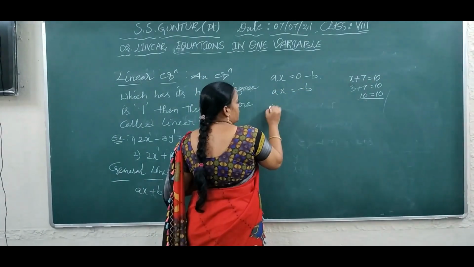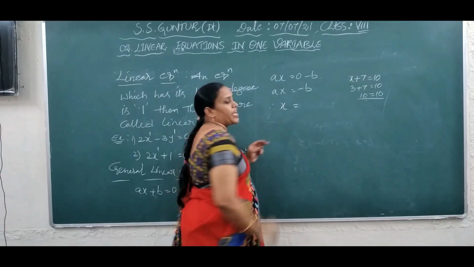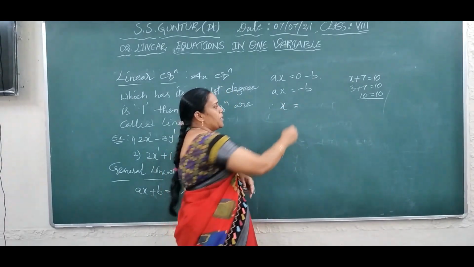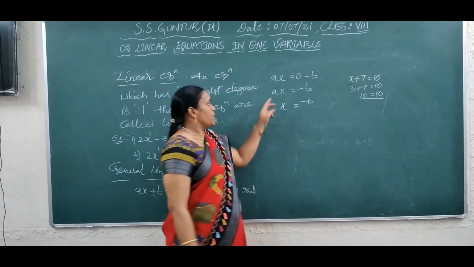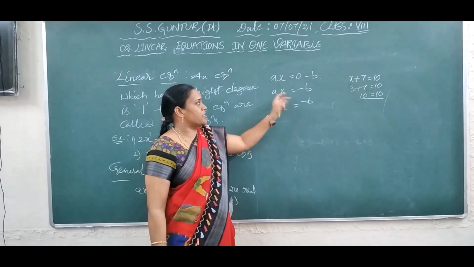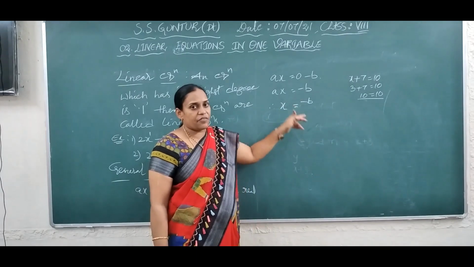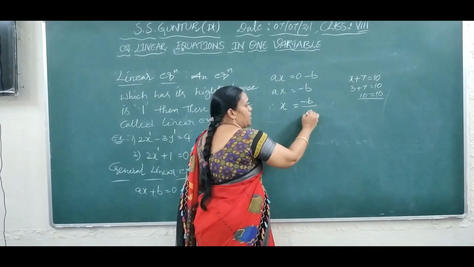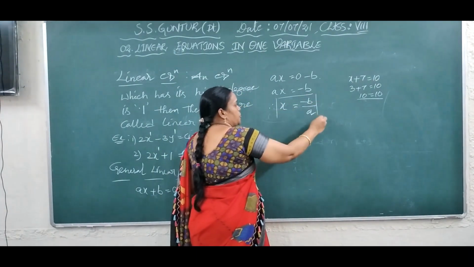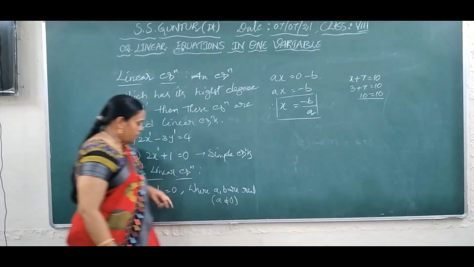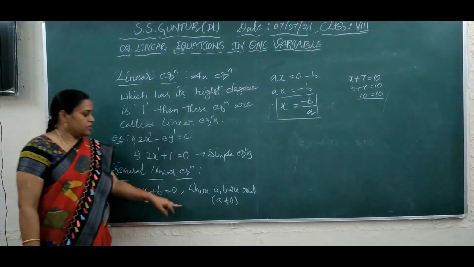Now, divided by a, x is minus b by a. So this is the solution of this general form, ax plus b is equal to 0.